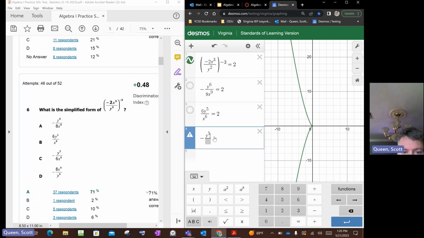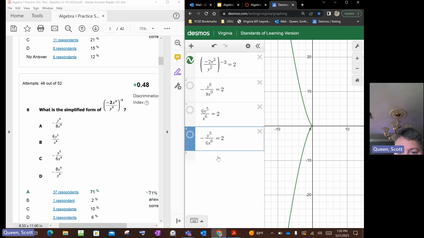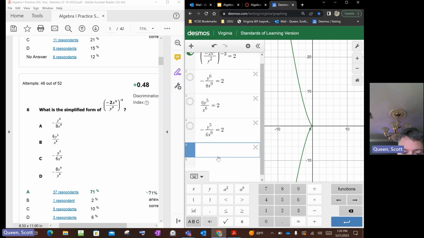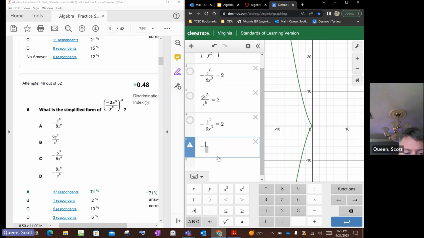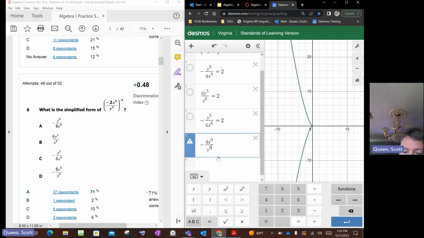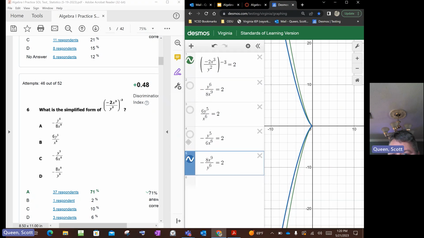Bring it down, and I got 6x to the 6th. Don't forget to add that equals 2. We got a line, but that one clearly doesn't match either. All right, go back to the last one. We're on D. Negative divider bar 8x to the 9th. I'm down to the basement. y to the 6th. And again, for consistency, equals 2. Awfully close, but not a match.